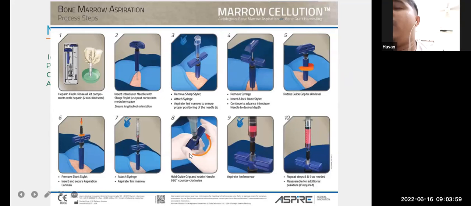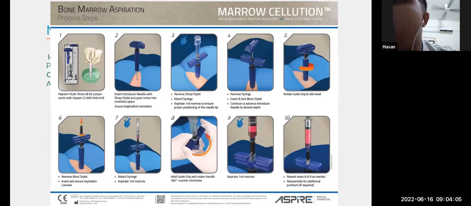When we're aspirating, we should twist the handle 360 degrees counterclockwise and aspirate, because once we do that, it's easier for us to aspirate the material. We continue to do this until we have enough.